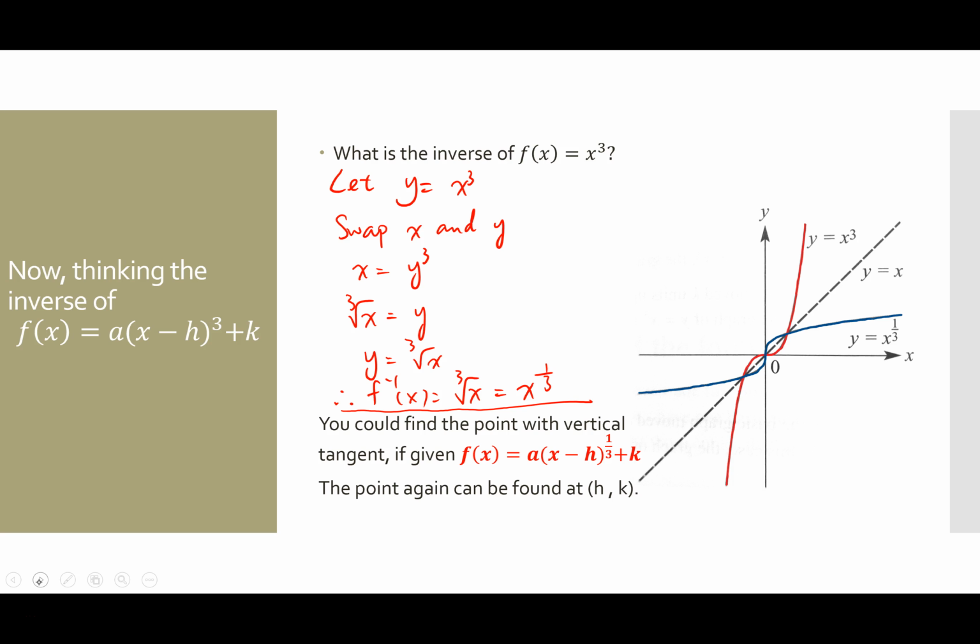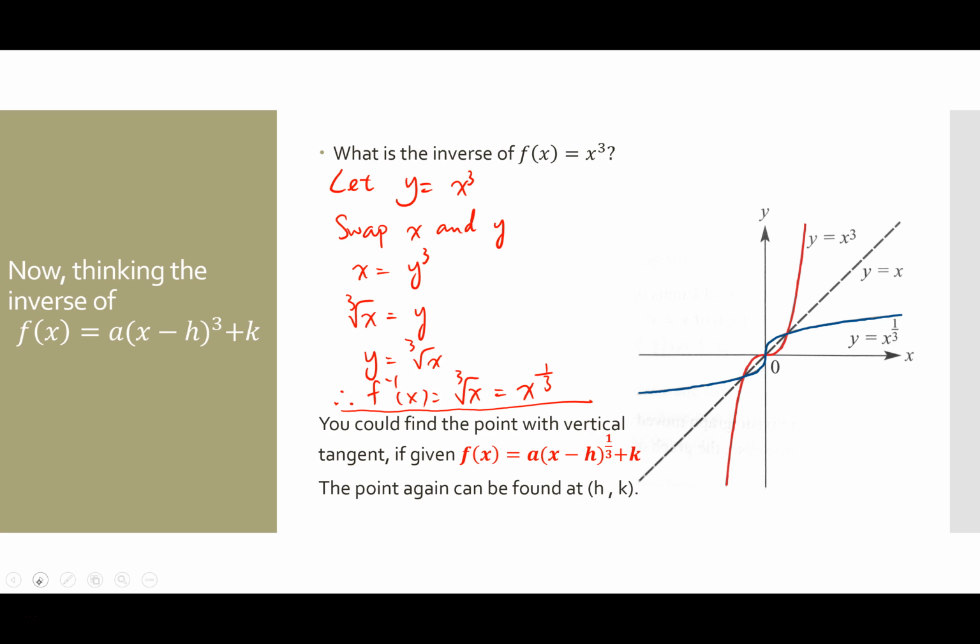Okay, so we know we can find the inverse by reflecting the function according to the line y is equal to x. So you'll be able to see the cubic function and also the function with the power of 1/3 sketched on the same axis.